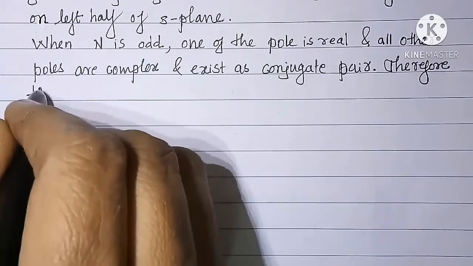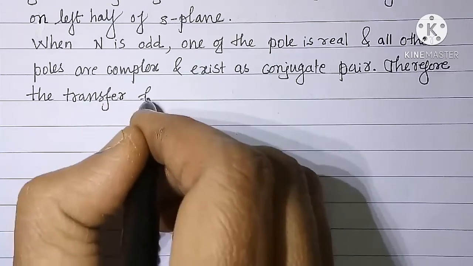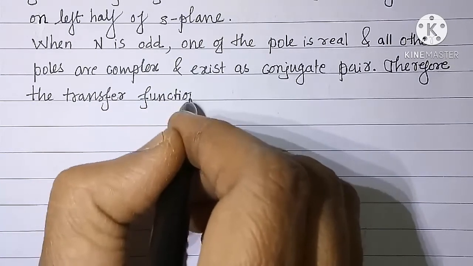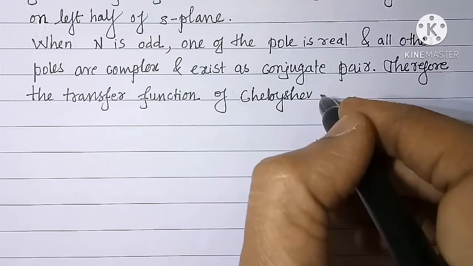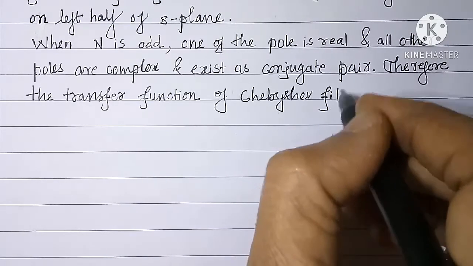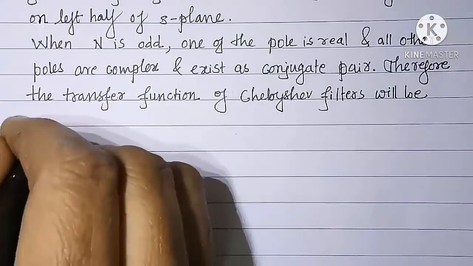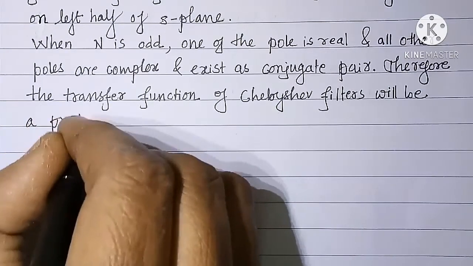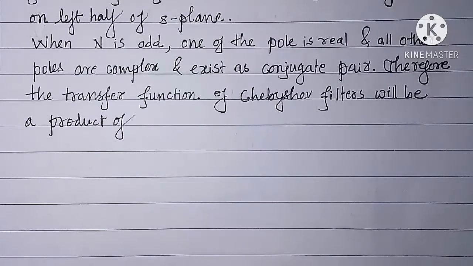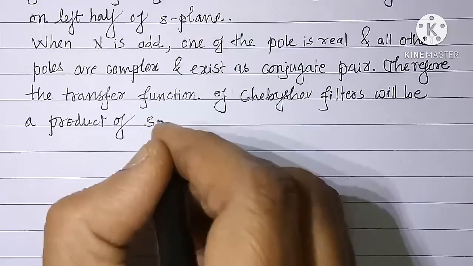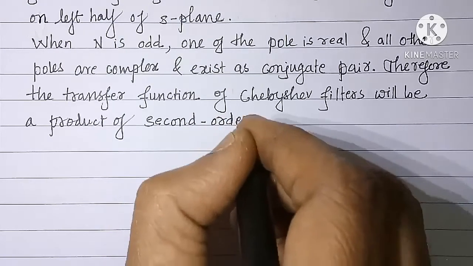Therefore, the transfer function of Chebyshev filters will be a product of second order factors.